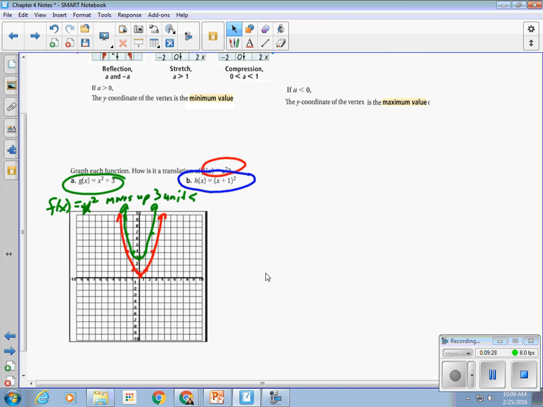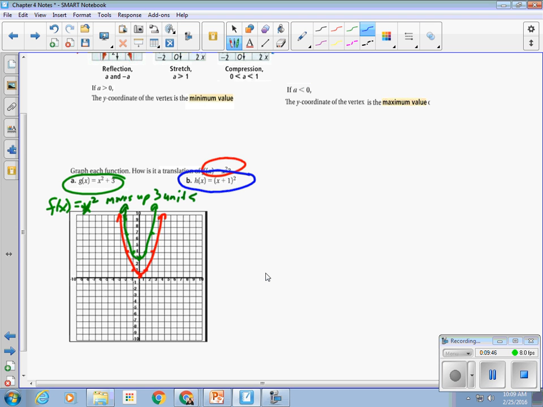B, when I have adding inside my squared, that is a horizontal shift. Adding means we go left. So it's a shift of 1 unit to the left.